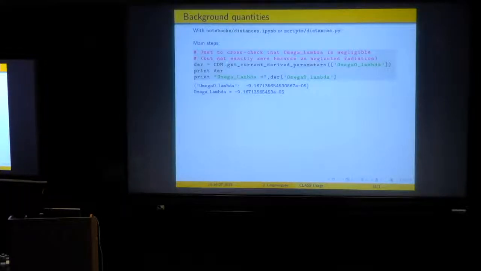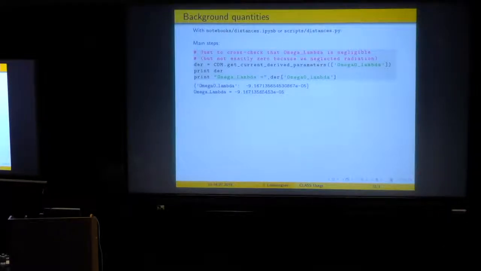So the results of my Einstein de Sitter are stored in CDM, and I call the function get_current_derived_parameter of CDM for the name omega lambda. And the result will be a dictionary with a key, which is omega lambda, and its value, and indeed it's a small negative value. It's what I expected. It will just compensate for omega radiation.